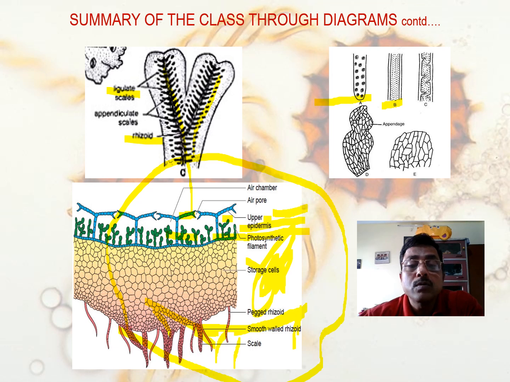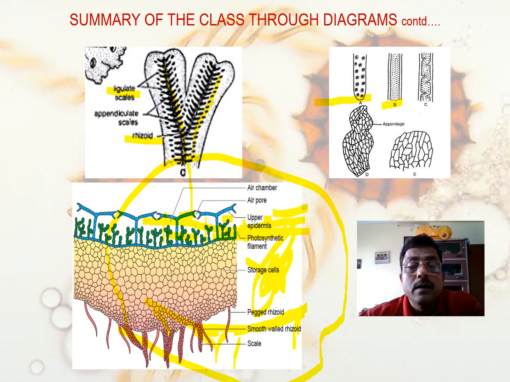Now come to the photosynthetic or the assimilatory region of the thallus. So this is the assimilatory or the photosynthetic region of the thallus. So this photosynthetic or the assimilatory region is filled with some distinct air chambers. Each air chamber is partitioned by some vertically positioned layer of single cell thickness.